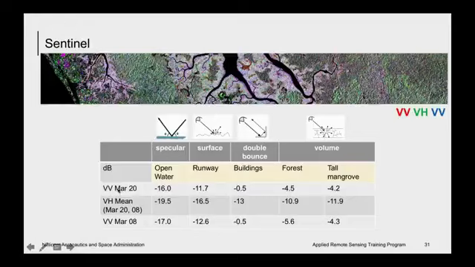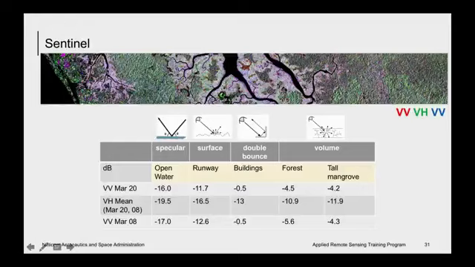Then for VV, I have 1 date, March 20th, on the red channel, and I have another date on the blue channel. So the question is, can you visualize different scattering mechanisms in this image, which is a C-band image, by the way? So if you start here and you look at open water, calm water, you can see it's very dark.